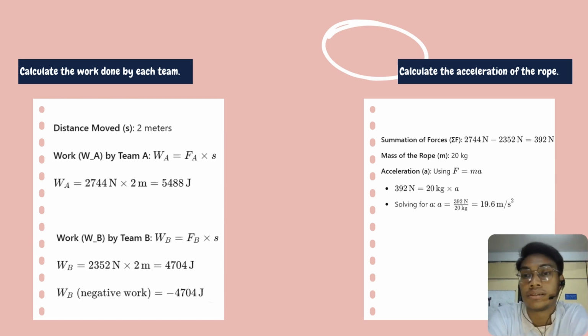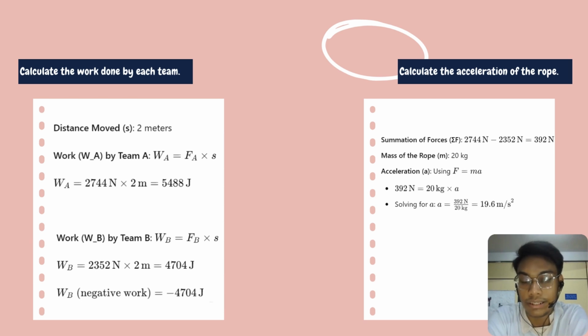So next, calculate the acceleration of the rope. The formula for the acceleration that we are using here is the summation of force equals MA. So the summation of force is 2744 Newton minus 2352 Newton, equal to 392 Newton.